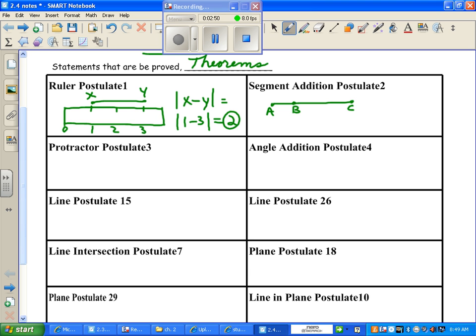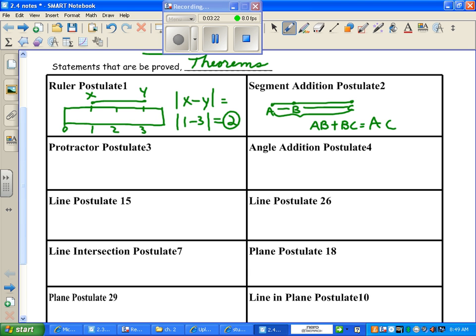It's just a point between A and C. Here's what you can conclude, that the length of AB plus the length of BC equals the length of AC. So part plus part equals the whole. Not too big.